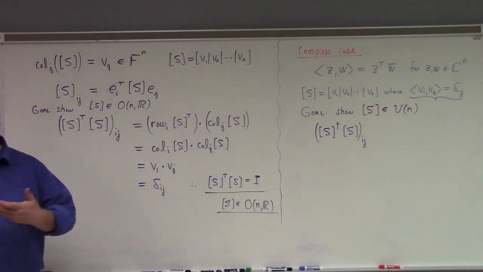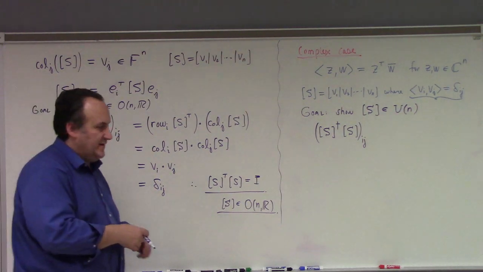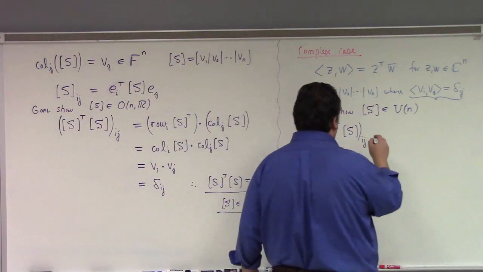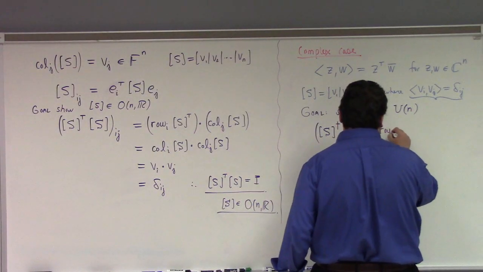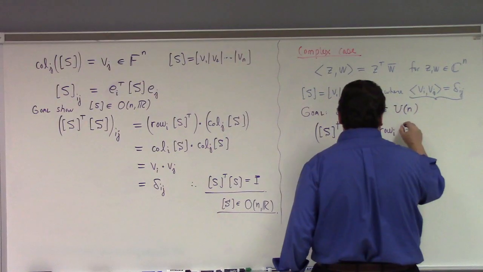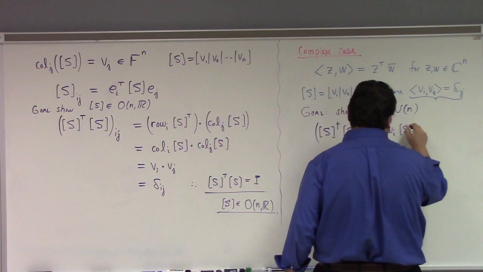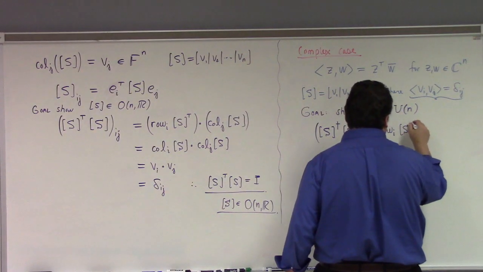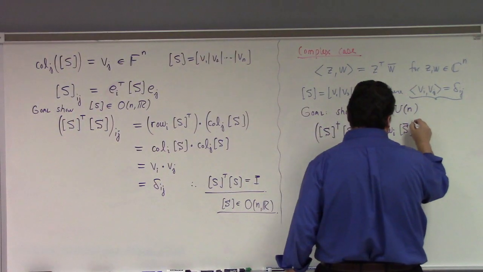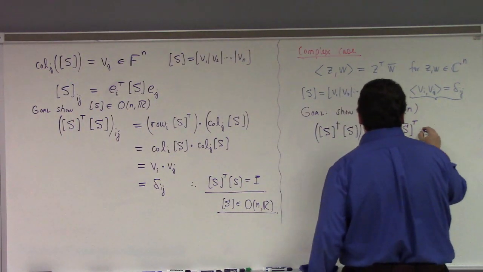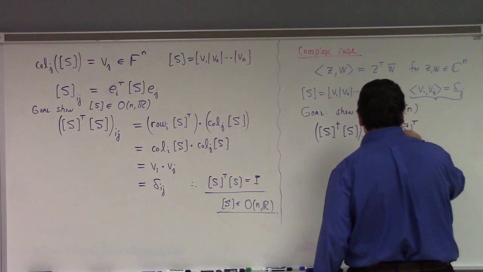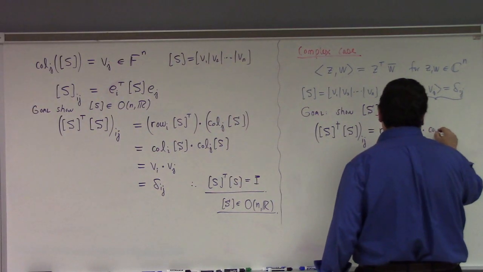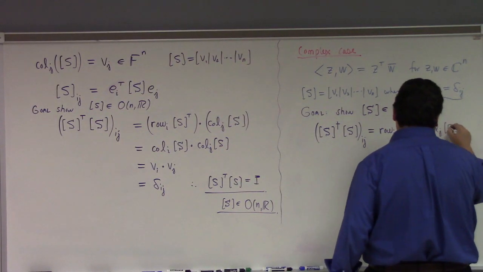This argument is much the same as the one we just went through. This is row i of the Hermitian conjugate of S, so that's conjugate transpose, right? Dotted with the jth column of S, right?